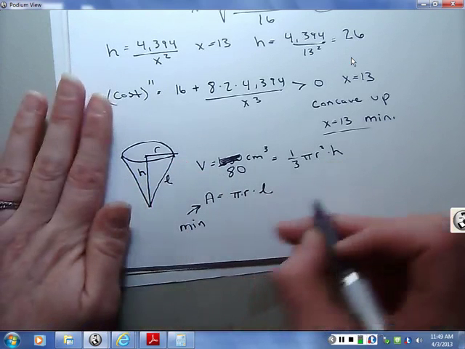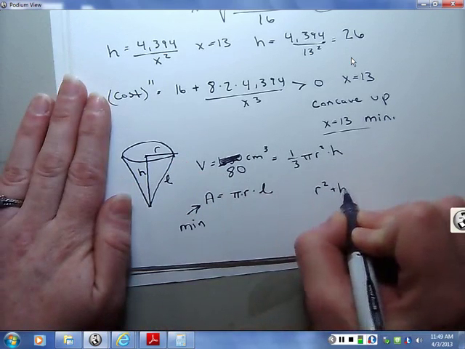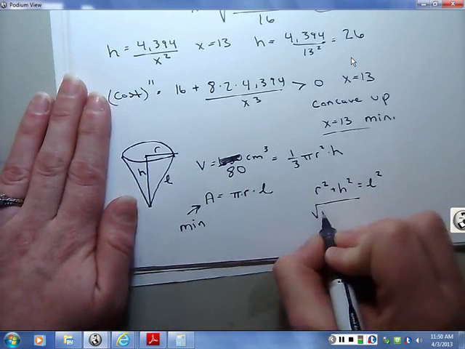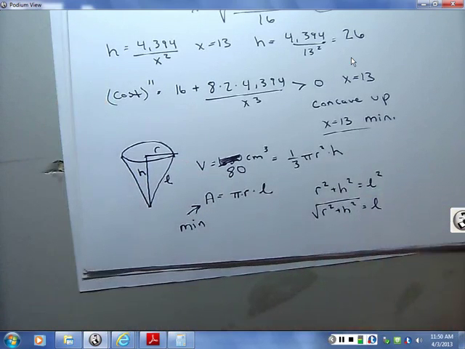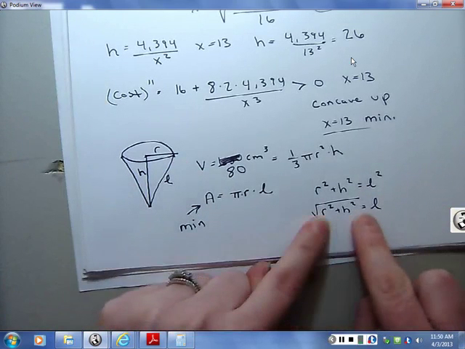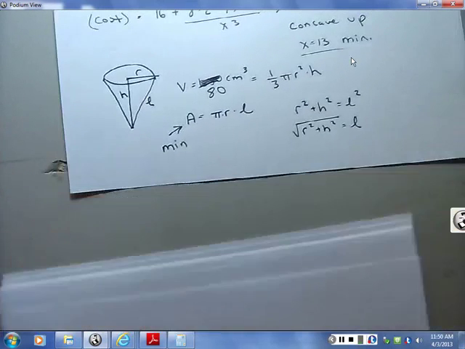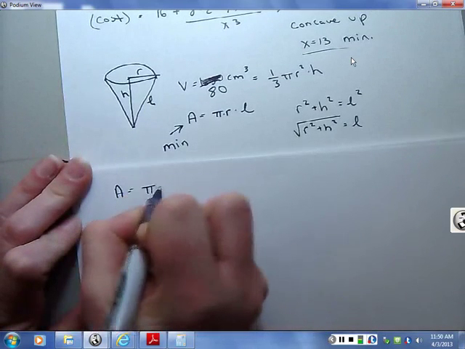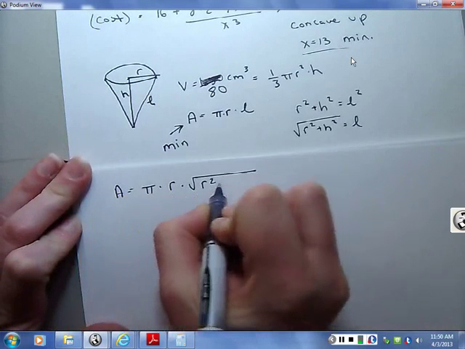So what would be L in terms of H and R? I have R squared plus H squared is L squared. Wiley actually gives you this hint. So this is L. And if I plug L in for A, I would have that A is pi times R times the square root of R squared plus H squared.